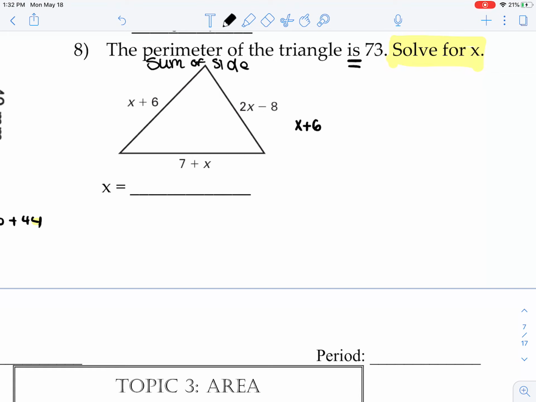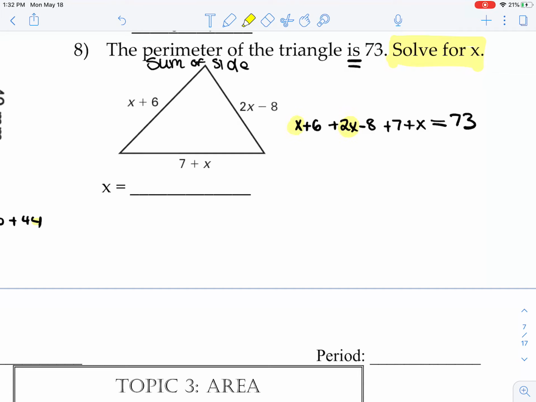So here we go. x plus 6 is a side, plus 2x minus 8 is a side, plus 7 plus x is a side. So that's the perimeter. But that perimeter is 73. So a lot of students struggle here. We need to combine like terms.